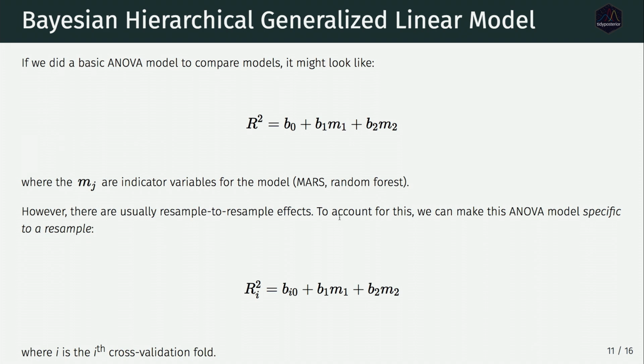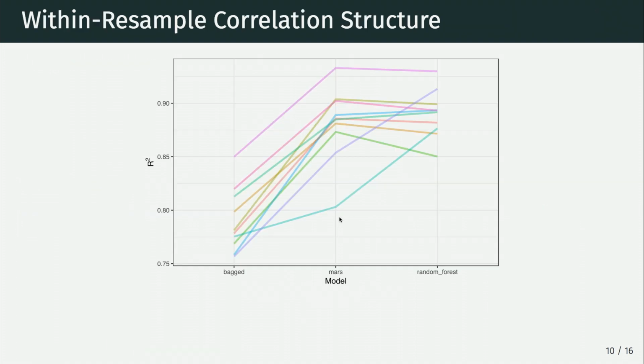If anybody's a linear mixed model person, a random intercept model is a really common way to account for correlation in data. So the generative model here is that we're going to have effects due to the models, plus a random intercept, and that would account for this effect. If we think of these curves as having roughly the same pattern, but just shifting up and down depending on the resample, that's a random intercept model. And I didn't pick that because it happened to work out this way. This is really typical for these types of data sets.